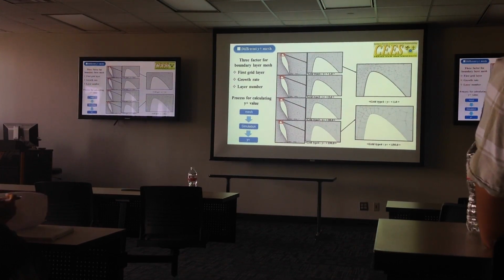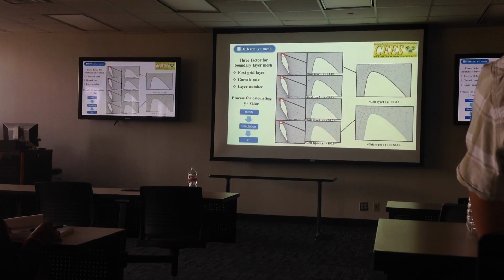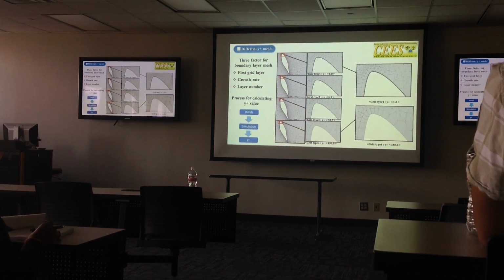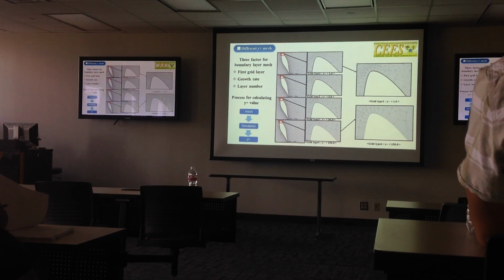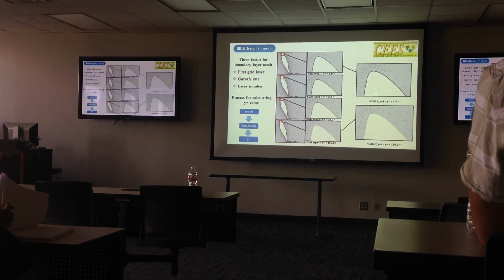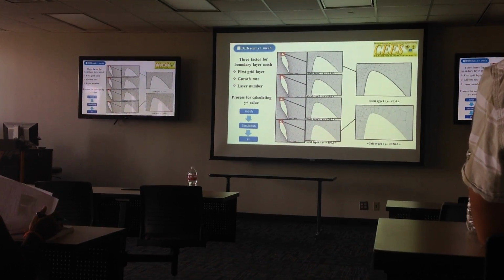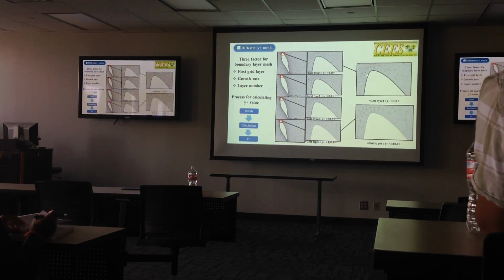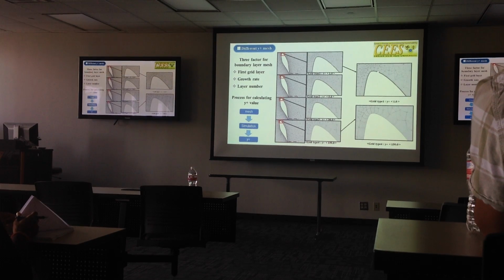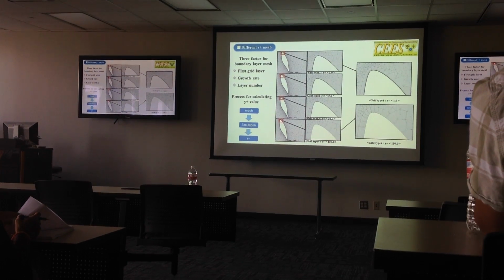This slide shows that we studied 4 different Y plus cases. It shows the near boundary wall mesh for these 4 cases, and I compared and enlarged the 2 pictures for Y plus less than 1 and Y plus less than 150. You can see more density near the wall there.